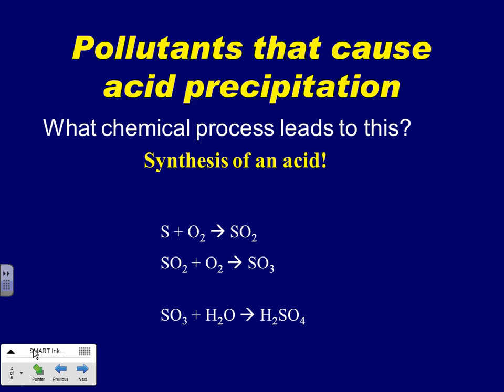That sulfur dioxide can react with oxygen that's already in the air to form sulfur trioxide. And that sulfur trioxide can react with the water, again in the air, and I'm going to put some things here. That's a gas. That's the liquid in the rain.